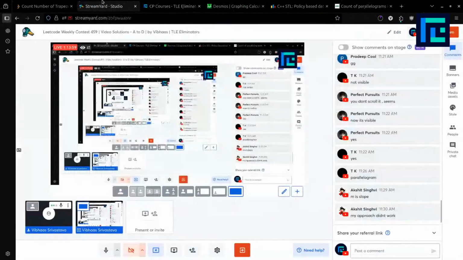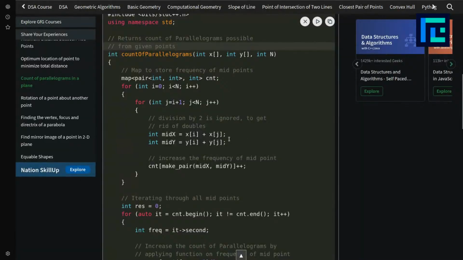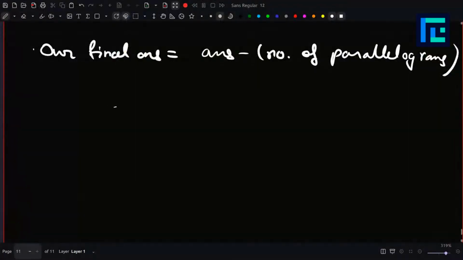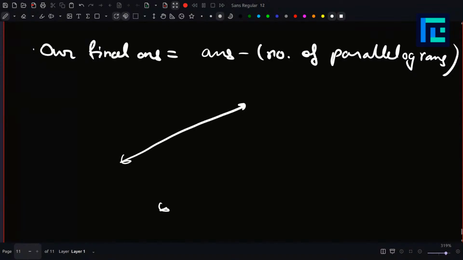And the reason the given approach works is that if there's a given parallelogram, and let's say we have these lines and these lines, just give me a minute to explain this. So we have these two parallel lines, and we have 2 points here, right? And this is how we're forming it.